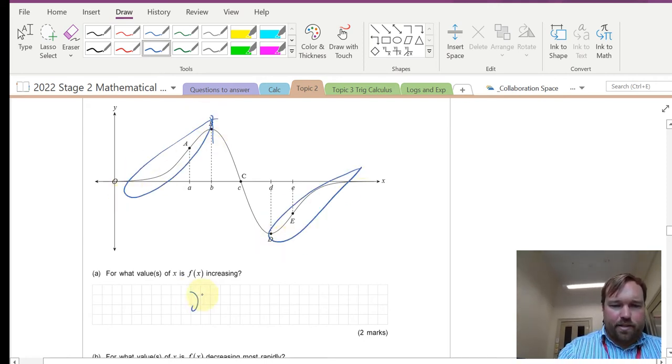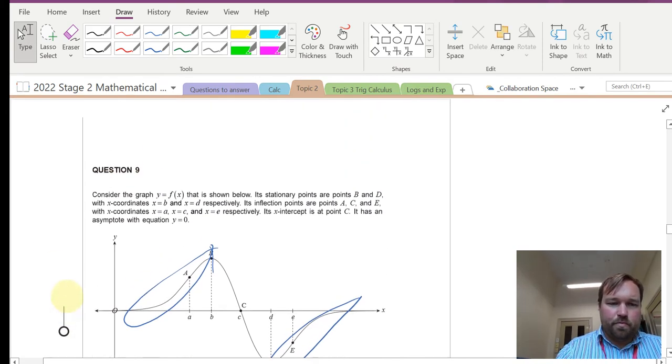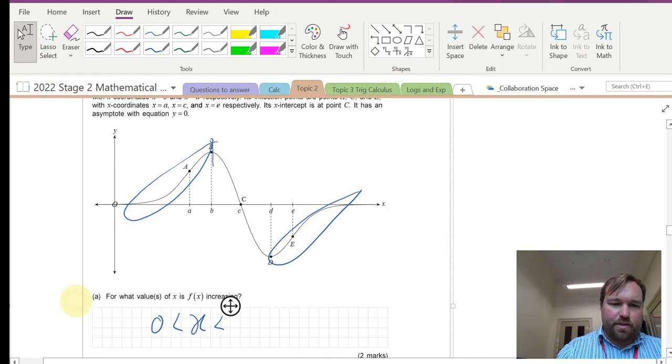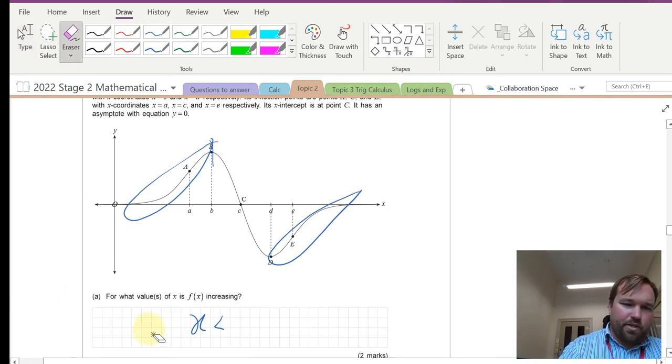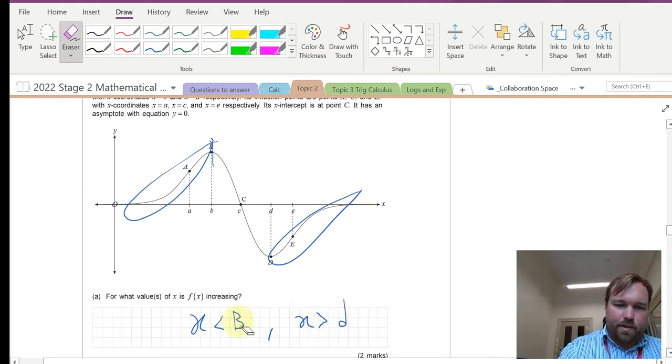So for x greater than or equal to 0, is it defined by 0? No, actually the graph goes on forever, doesn't it? So we don't need a lower bound here. It's just for x is less than b, it increases, and for x is greater than d, use lowercase because the lowercase is the actual values.